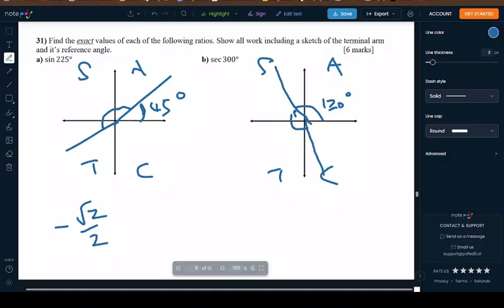Secant is 1 over cos, so keep that in mind. Cos is actually positive here. So cos of 300 degrees is 1 over 2. 1 over 1 over 2 is going to give us 2, since cosine is positive. Keep that in mind.